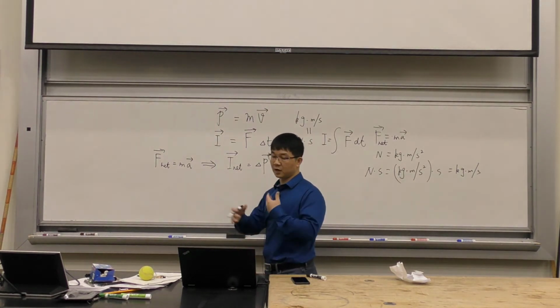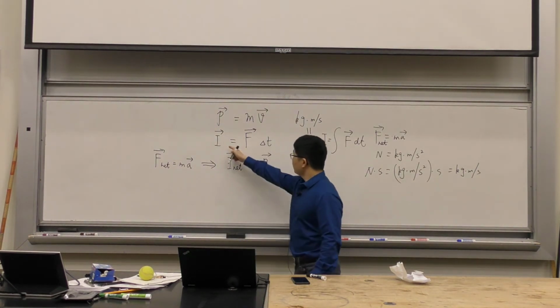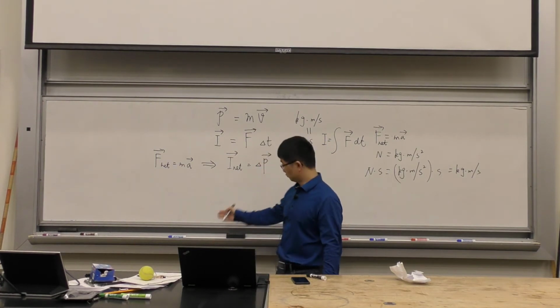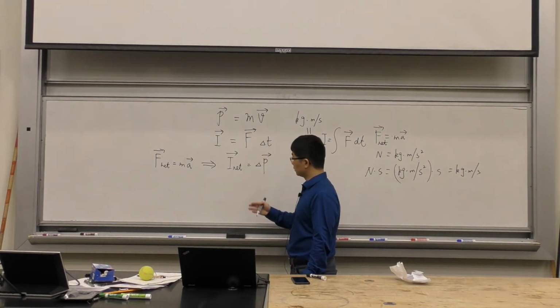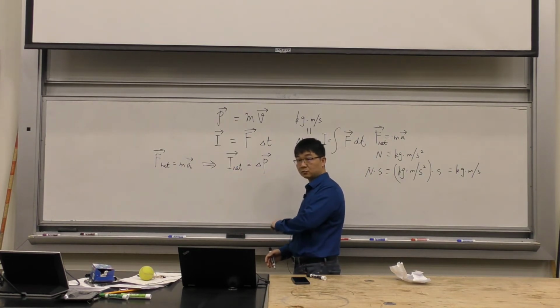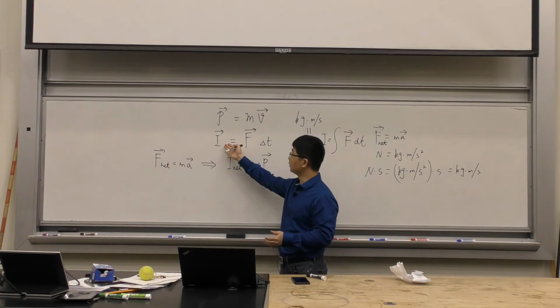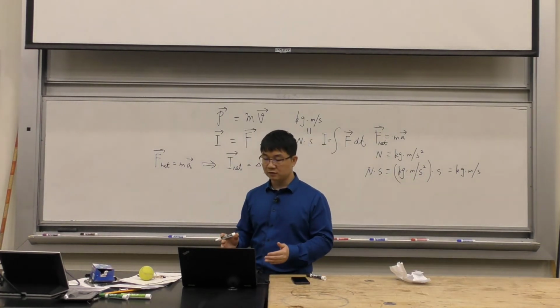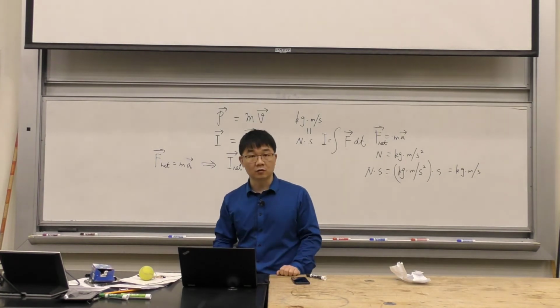And again, think about it, right? The impulse is what we define to change momentum. So this makes sense to me, right? The net impulse on an object equals the change in momentum, right? That is the reason we define impulse. And then if you compare that with the relation between energy and work, right?